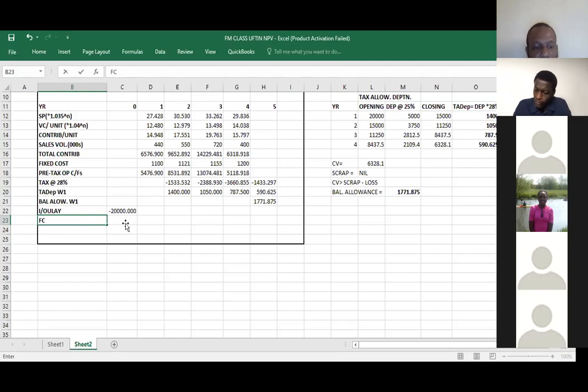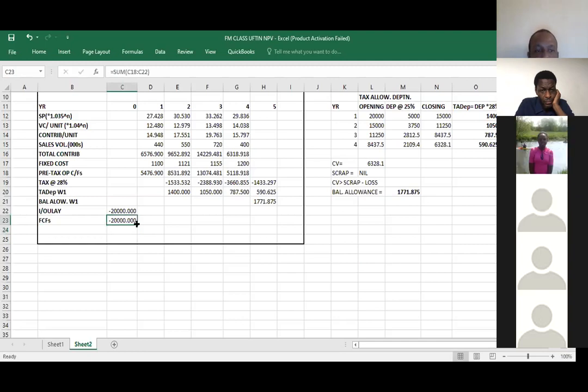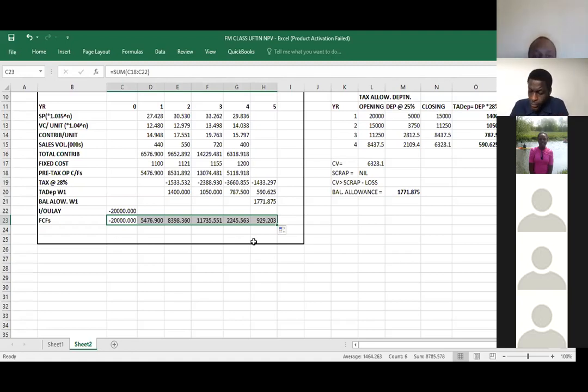So our free cash flows is equal to, so we're summing all of them from our pre-tax operating cash flow down to there. Okay, so with that we can drag. The balancing allowance was huge, so much so that we have a positive figure in year 5, which is very rare.